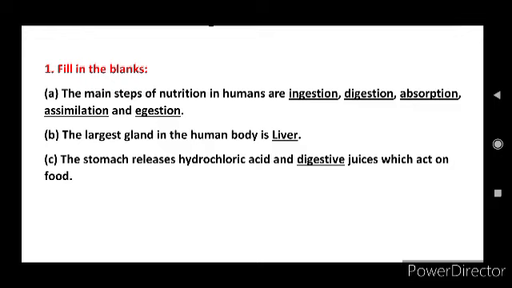Next, C question, the stomach releases hydrochloric acid and dash juices which act on food. The stomach releases hydrochloric acid, that is HCl, and digestive juices, which act on food.